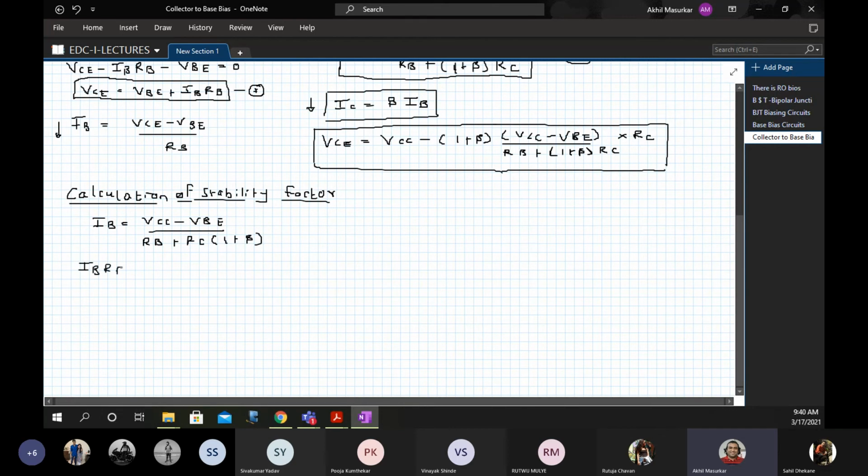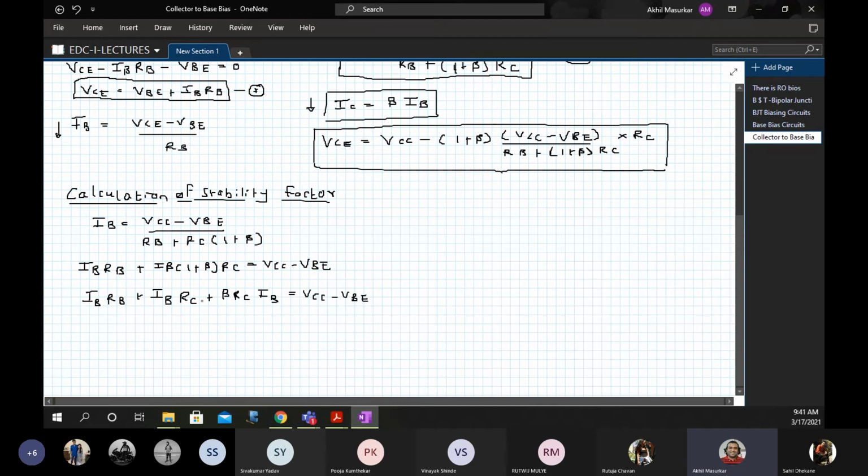I am writing here IB RB plus IB into 1 plus beta into RC equal to VCC minus VBE. So here I can again open this up properly and write IB RB plus IB into RC plus beta RC into IB is equal to VCC minus VBE.